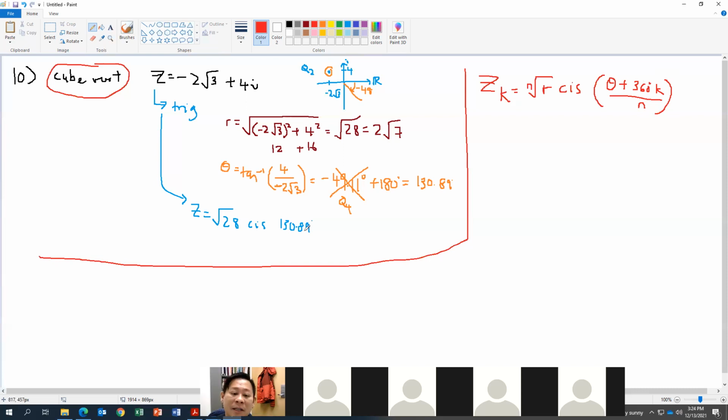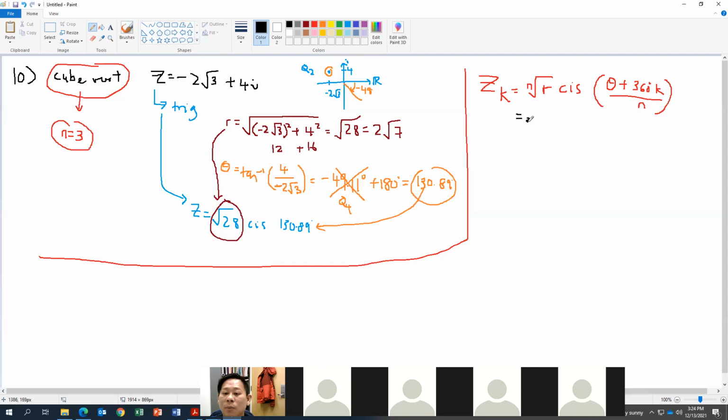But we want degrees, so we use 360. Since we want the cube root, n is 3. So you plug in n is 3, r is the square root of 28, and theta is 130.89, all inside this formula.